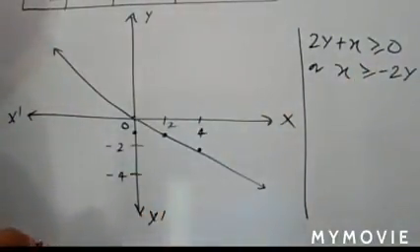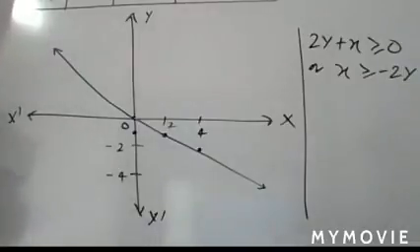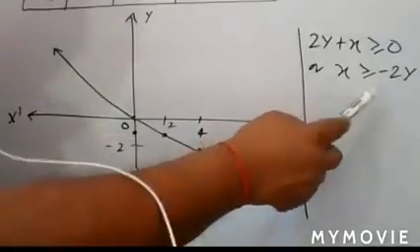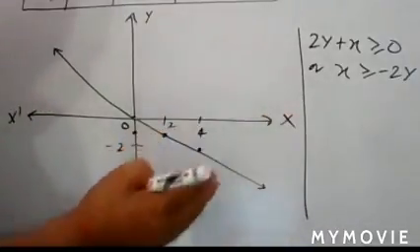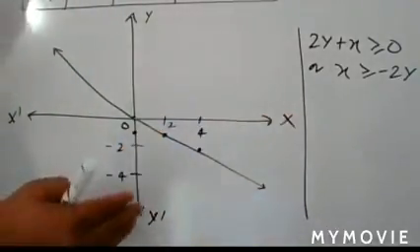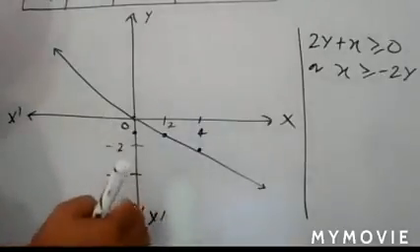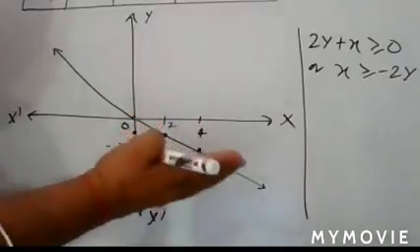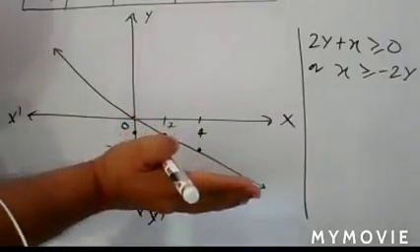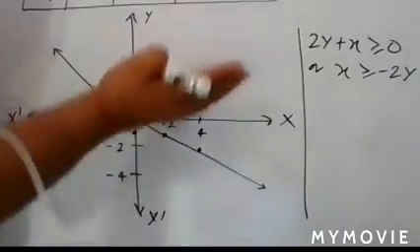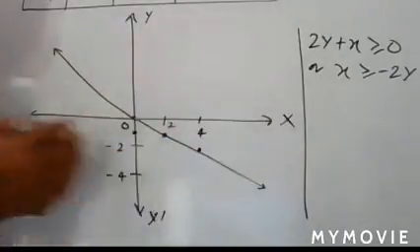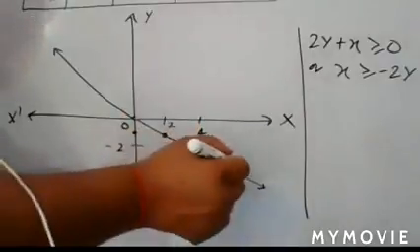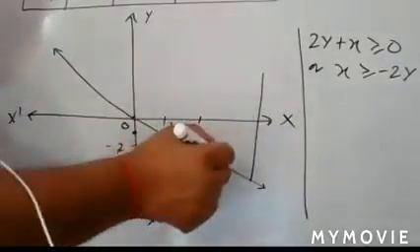So here you see that the value of x is greater than negative 2y. So your negative value of y is here. Means the x portion is greater. So you have to set the portion towards the x-axis from this line. From the line. Understand? So you plot it in this way.